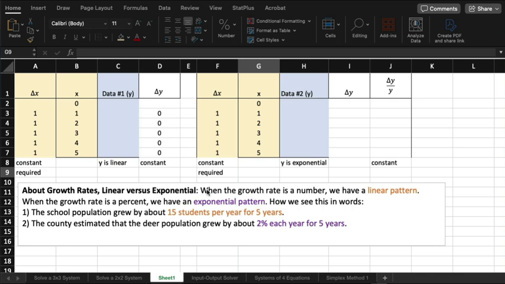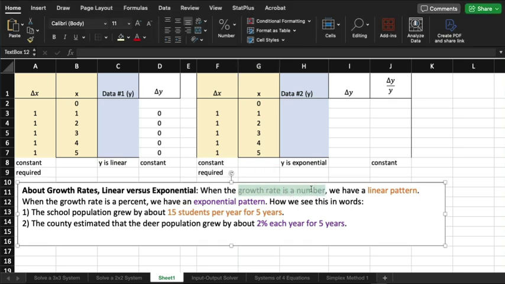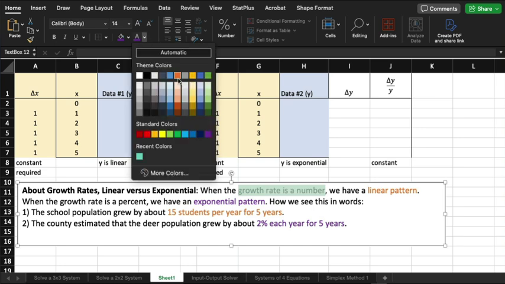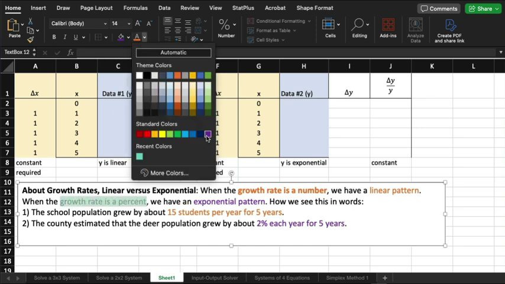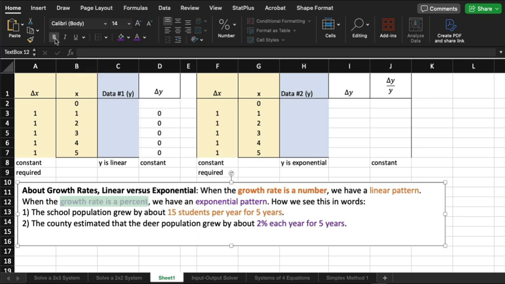So the defining statement that we need here is when the growth rate is a number. So I want you to notice that right here. When the growth rate is a number, it's given to you as a number, then we are going to have a linear pattern. When the growth rate is a percent, alternatively, then we're going to have an exponential pattern.